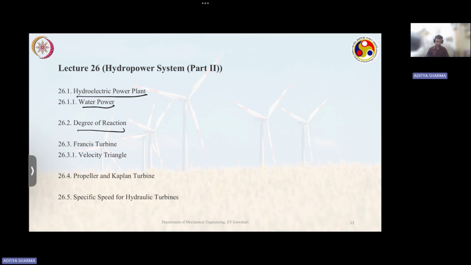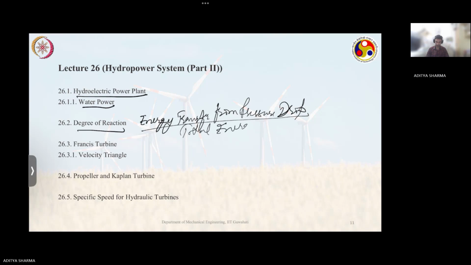For degree of reaction, we know energy transfer from pressure drop, but total energy transfer includes kinetic energy because of velocity and your pressure drop.